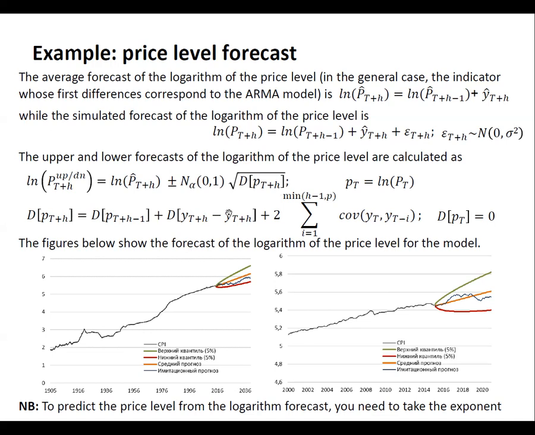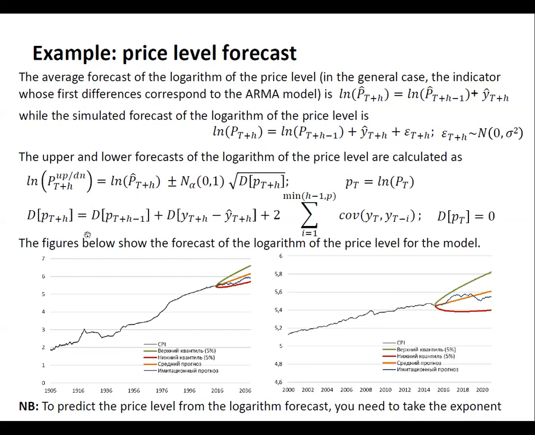The upper and lower bounds of the logarithm of the price level for each step ahead. This is the average value of the forecast of the logarithmic price level plus minus the normal standard distribution quantile with alpha parameter multiplied by the root of the variance of the logarithm of the price level, not inflation, but the price level on each step ahead.